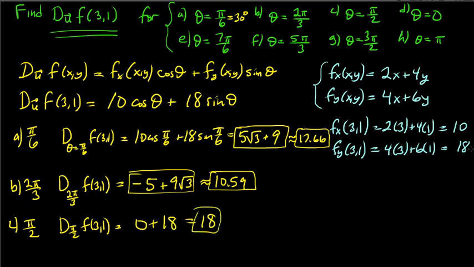And notice that's just the y partial derivative, the partial of f with respect to y at the point 3, 1. So you're just picking out the y direction here. No surprise that the directional derivative in the y direction is the y partial derivative of f.